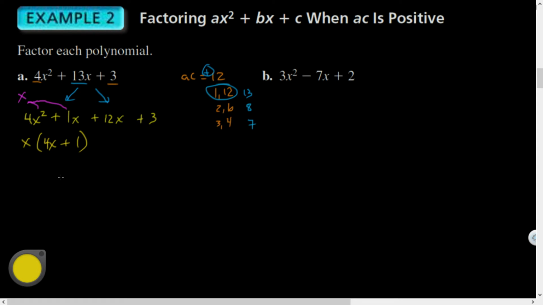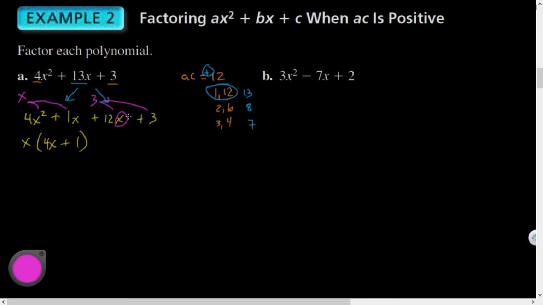And now I'm doing the same thing for the last two terms. So between 12x and 3, what goes into both 12 and 3? The biggest number that goes into both of them. 3.